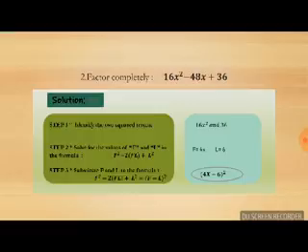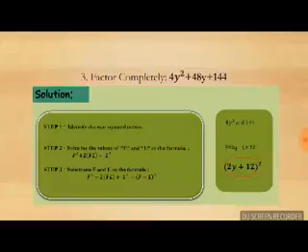So the value of the first term is 4x, while the value of the last term is 6. Substitute f and l to the formula. Since the middle term has a negative sign, we will use the formula f squared minus 2fl plus l squared is equal to the quantity f minus l squared. So we'll write it this way. The quantity 4x minus 6 squared.